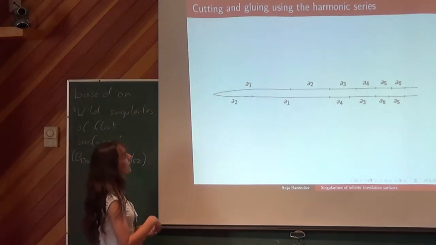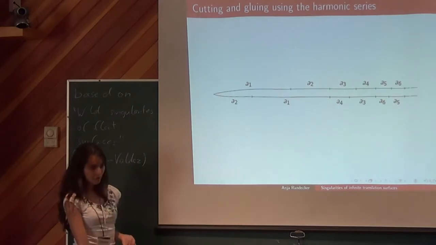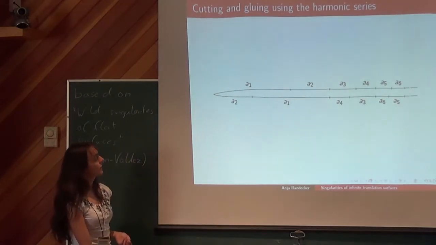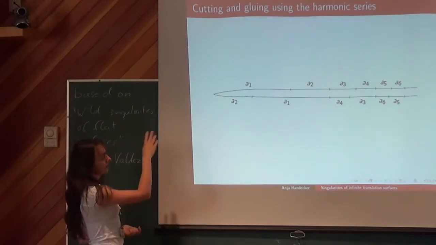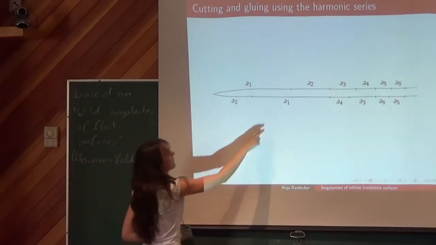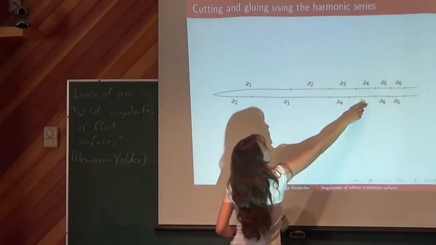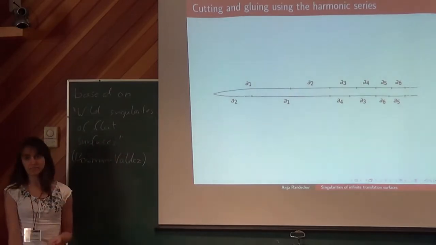And then we take a segment of the length of the first element of the sequence, of the second, and so on, on the upper side, and then on the lower side we just swap a bit. So we take here the first, the second, the third, and the fourth. And then we identify them.